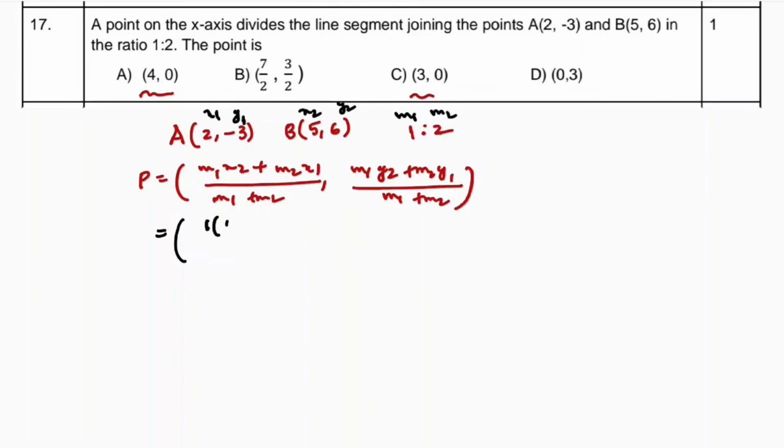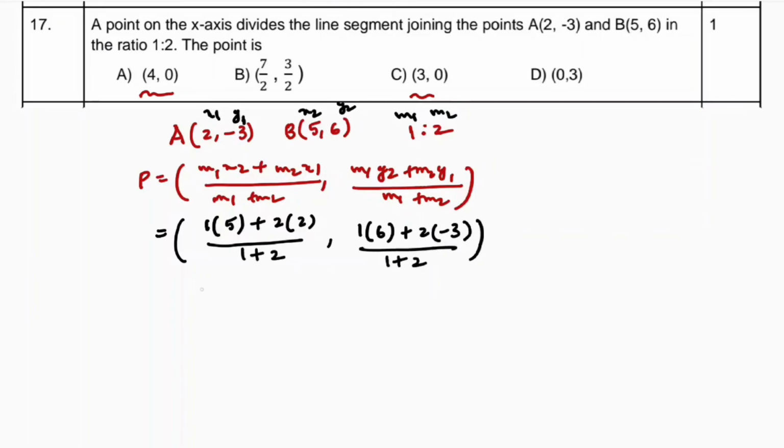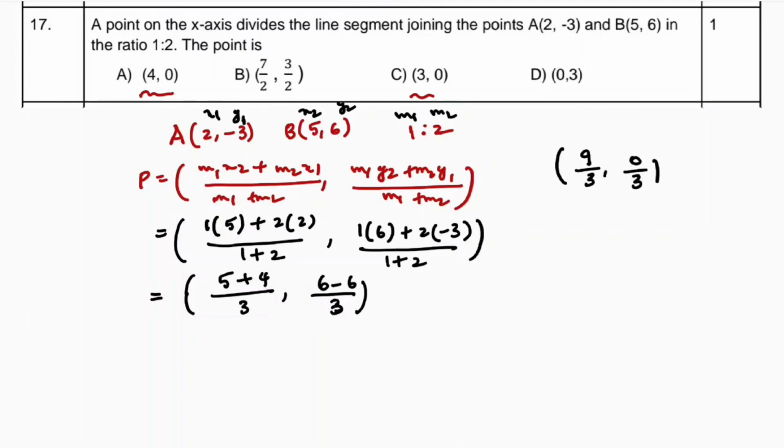So 5 plus 2 times 2, 4, by 3, 6 minus 6 by 3. So here 5 plus 4 is 9 by 3, 0 by 3. So 3 comma 0. So the correct option is C.